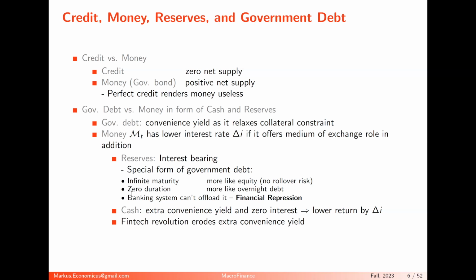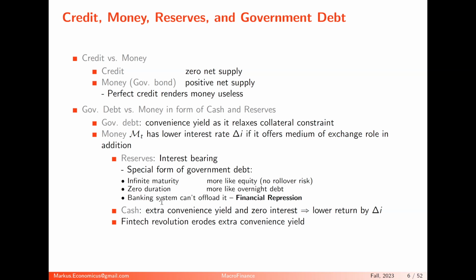The third difference is that reserves typically have to be held by the banking system. Except with CBDCs, where it's like reserves for all, then citizens can also hold some reserves or some CBDC. But typically reserves are held by the banking system. They cannot be brought outside of the banking system. And the banks have to hold them.